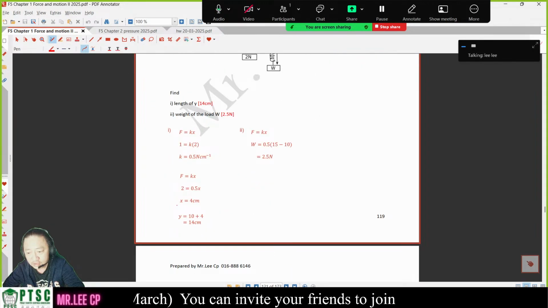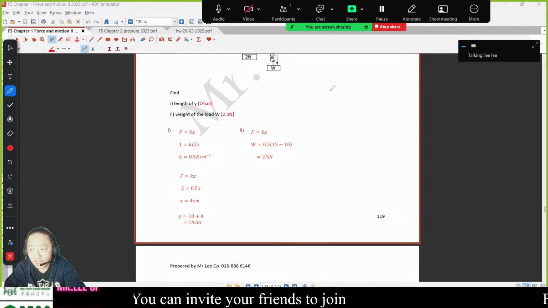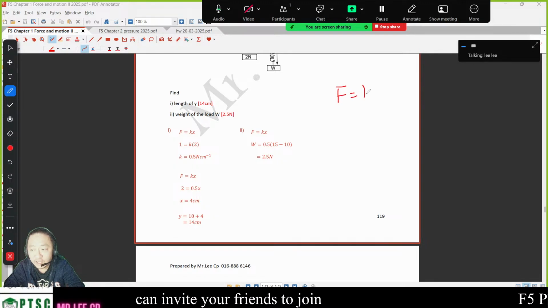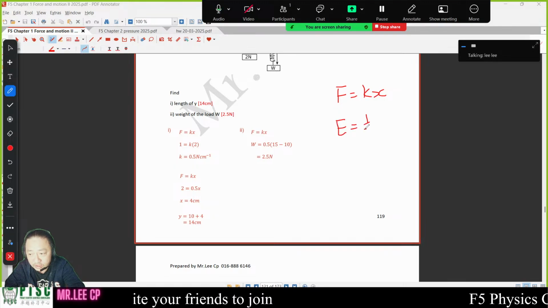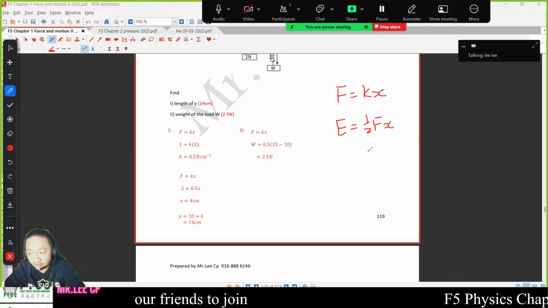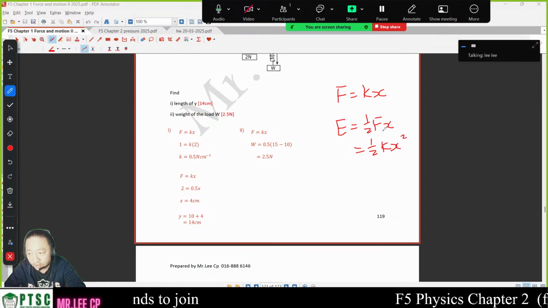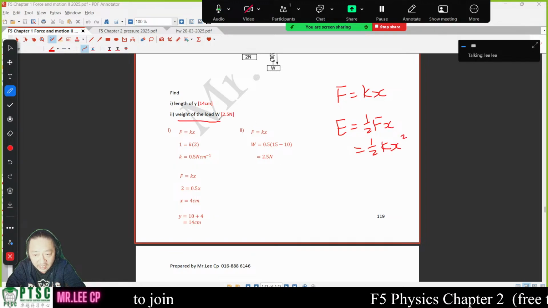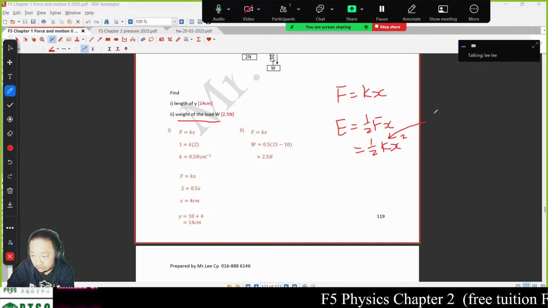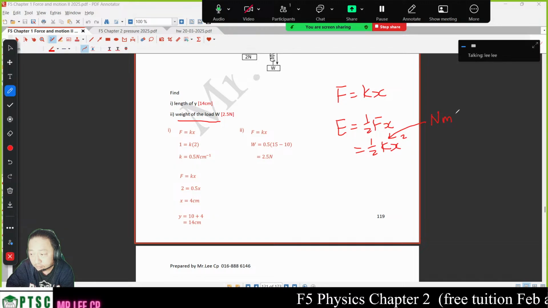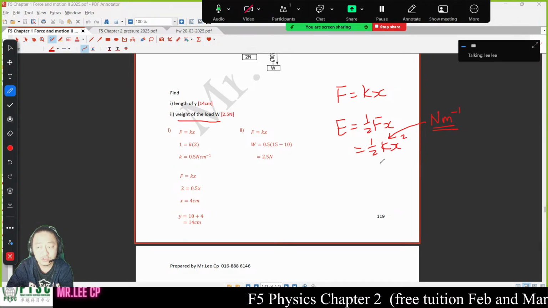So when you do the calculation, you are using two formulas. F is equal to kx, Hooke's law, and the energy stored in the spring, energy is equal to half Fx or half kx squared. Make sure if they ask you for the energy, this k must be in Newton per meter, so that your answer will be in joule.